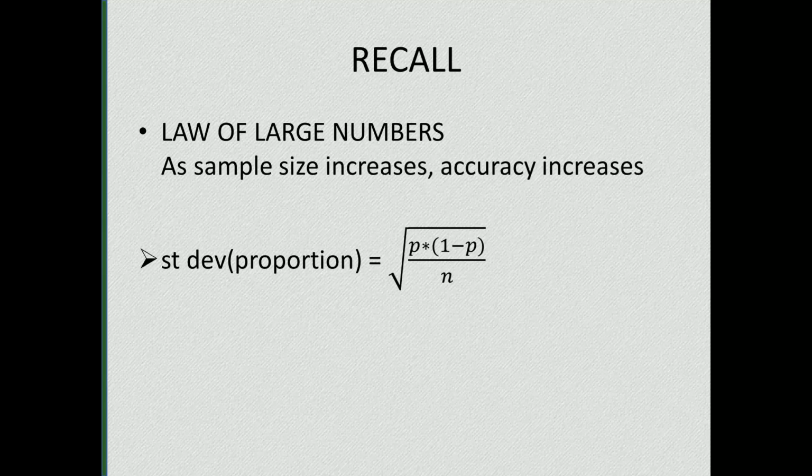If we were analyzing a proportion, the standard deviation, the uncertainty associated with that sample proportion, was root p(1 minus p) over n. And we've been using this to develop confidence intervals and hypothesis tests in the previous couple of modules.